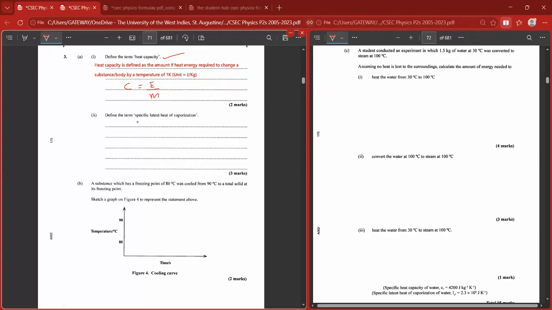They say to define specific latent heat of vaporization.